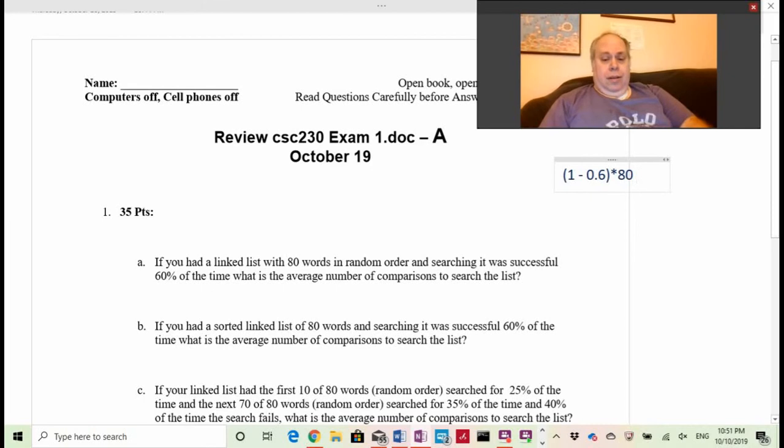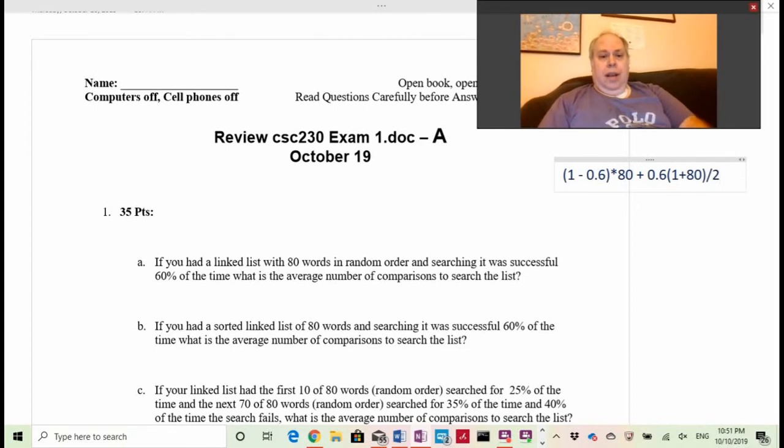Then the other 60% of the time, so 0.6 of the time, it's equally likely to be from 1 to 80. So the average search is going to be 1 plus 80 over 2.